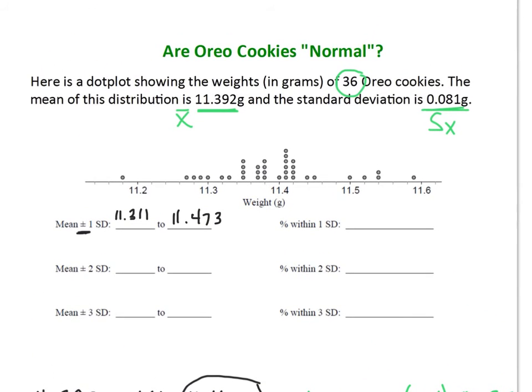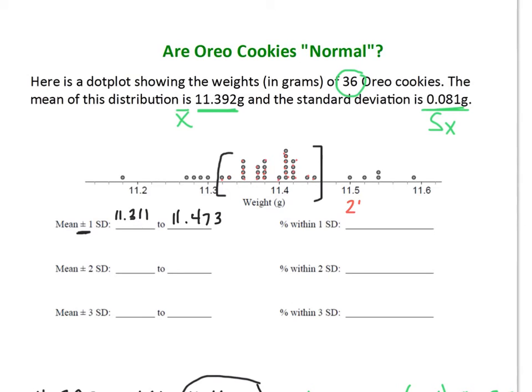Well, now if I look back at my table, 11.311 to 11.473 would be that range right there, and if I count my dots, I have 1, 2, 3, up to 26.